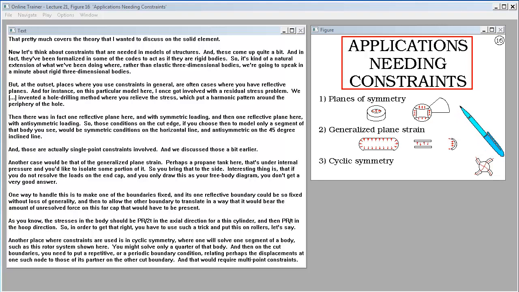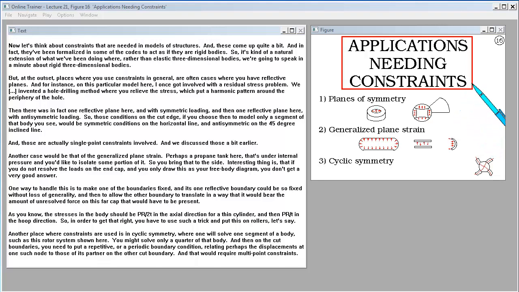But at the outset, places where you use constraints in general are often cases where you have reflective planes. For instance, on this particular model here, I once got involved with the residual stress problem. We invented a hole drilling method where you relieved the stress, which put a harmonic pattern around the periphery of the hole.